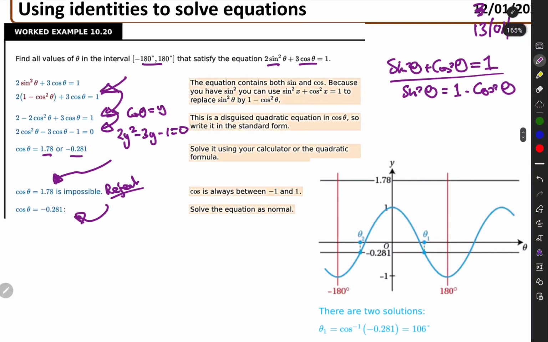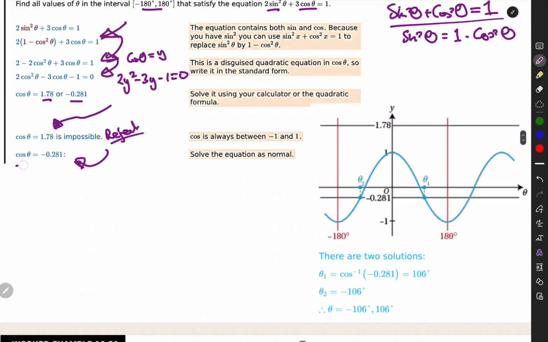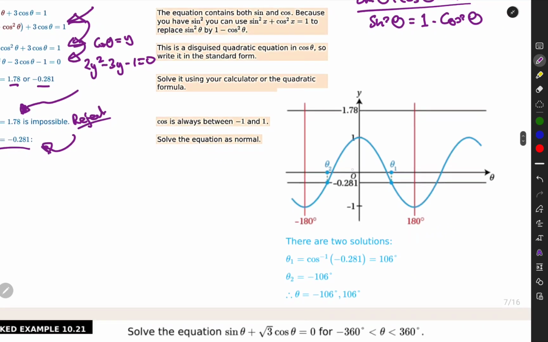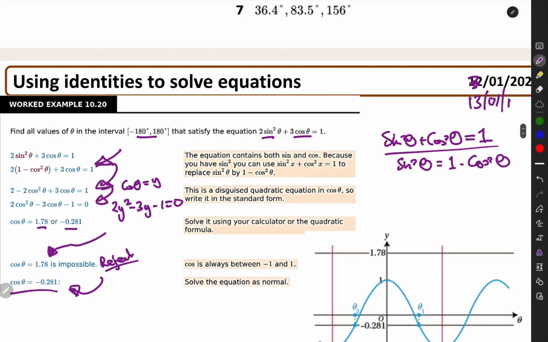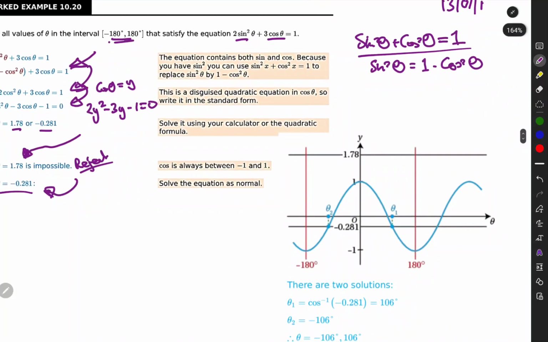So in this case here, we've seen that we're going to be working with cos theta is equal to -0.281. So for that value here, and the range we were given, because it's in terms of theta, I don't have to worry about extending or shrinking the range. It's going to be between -180 and 180, and I can see that I'm going to get two values between that range, here and here, for my values of theta.